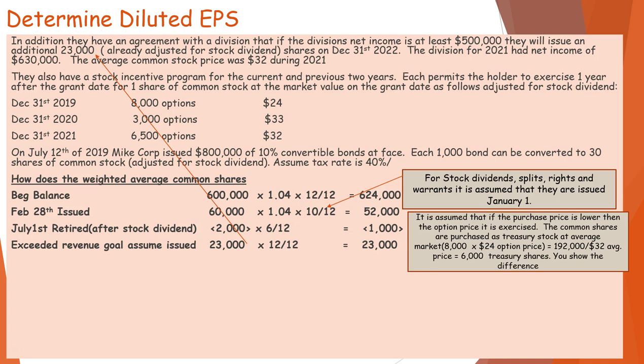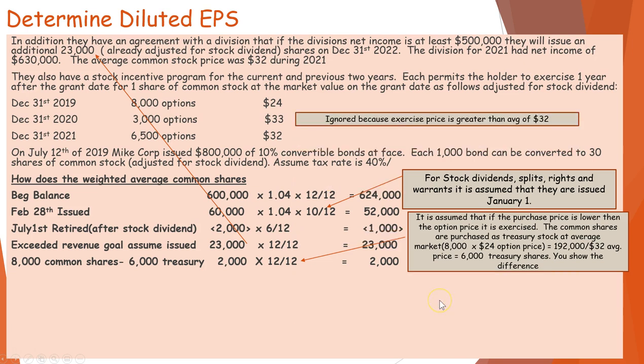That's what we're going to have to buy in treasury stock. So 8,000 minus the 6,000 means that we're really only going to add an additional 2,000 shares for the whole year. Again, these two are ignored because the exercise price is equal to or greater than the $32.